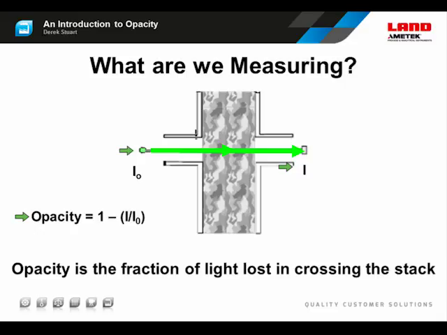So on a clear stack with no smoke present, the opacity will be 0%. If it's pitch black, billowing smoke through there, no light gets across, we have 100%. Typical stacks nowadays have very low opacity, typically less than 10%. So we're trying to measure really quite low levels of opacity using our analyzer.